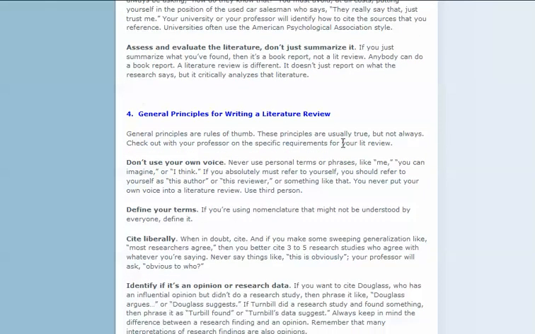But one of the things that is primary that I want to point out to you is that, first of all, what I've seen in the past is that students will come up with their problem statement. And then they have an idea about what they want to do for their research, and then it's time for them to write their literature review.